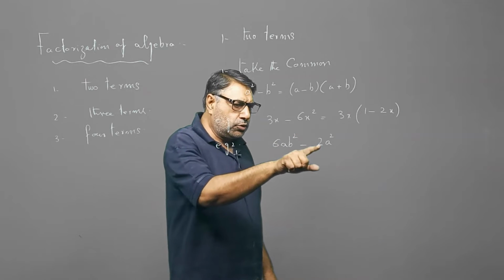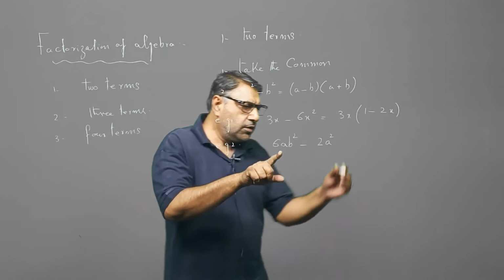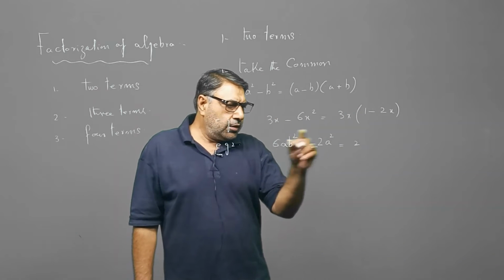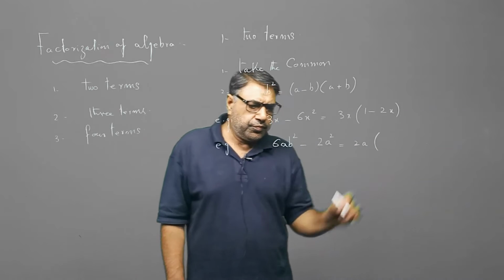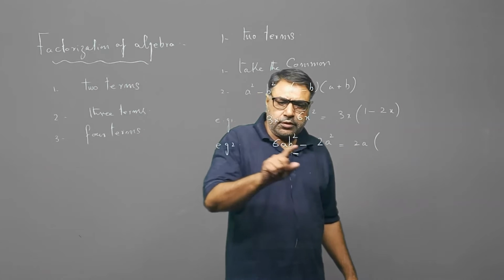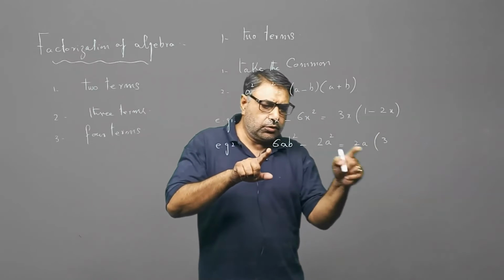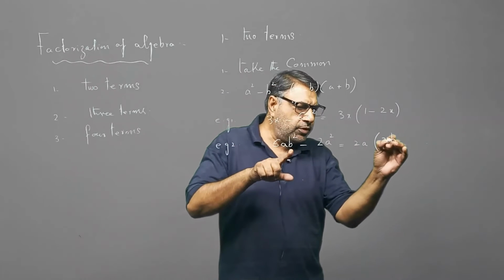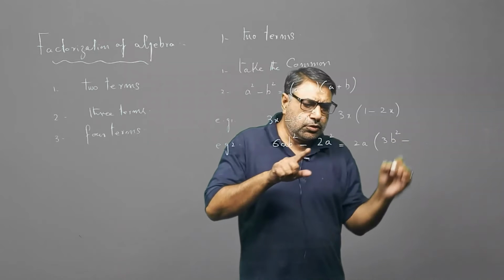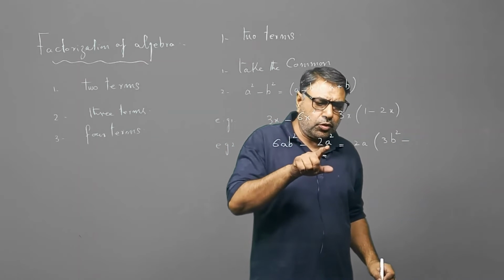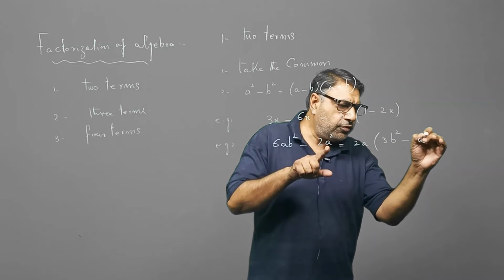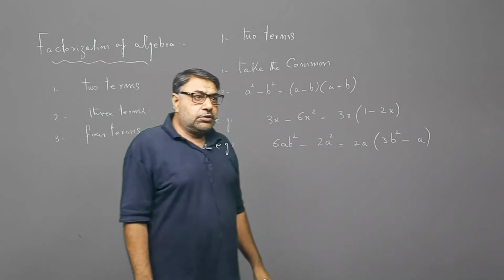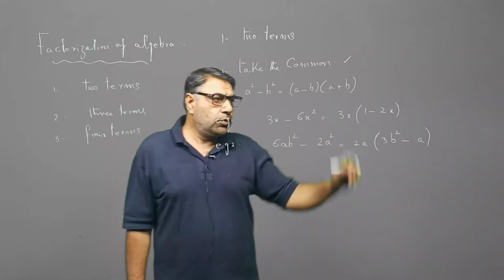We can take 2 common, and a as well. So 2a will be the common. Six divided by 2 leaves 3, and 3 is left with b squared minus, and with 2a common, only a is left. These are the examples of the first rule.